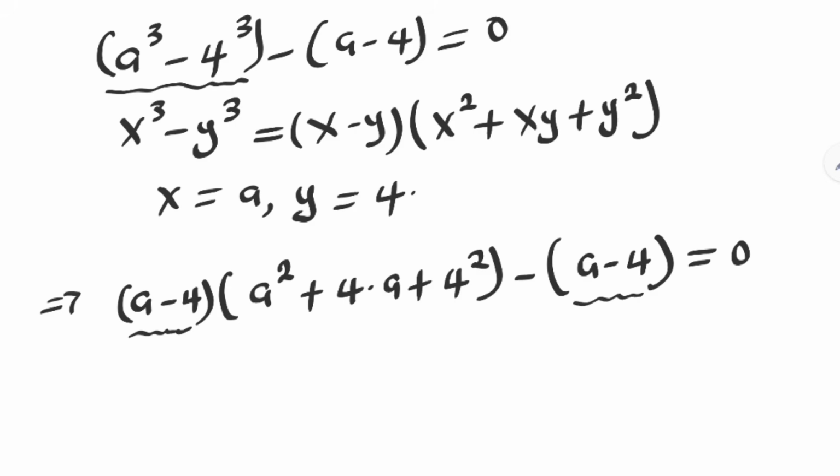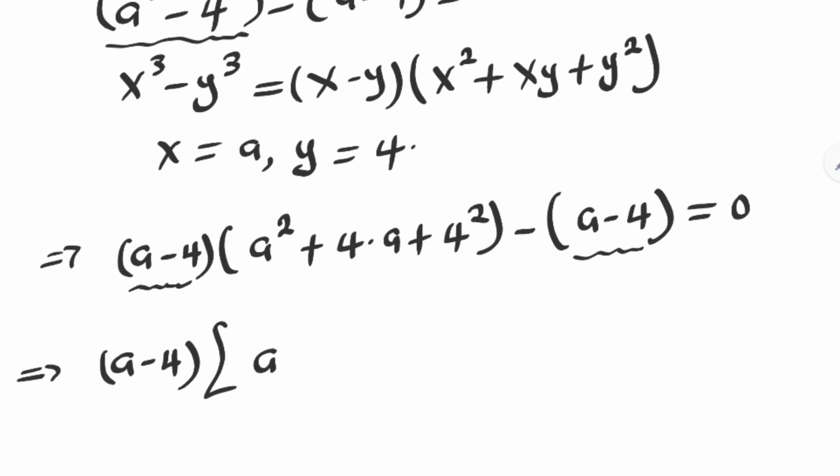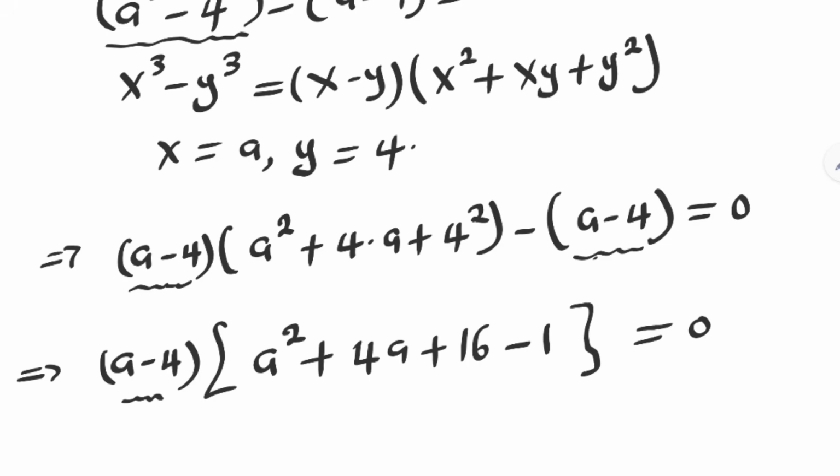Let's factor it out. A minus 4 bracket here we have a square plus 4 multiplied by a, 4a plus 4 square, that is 16. Then minus, if you divide this by this, we have 1 is equal to 0.